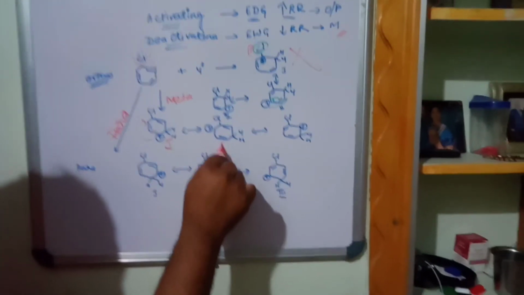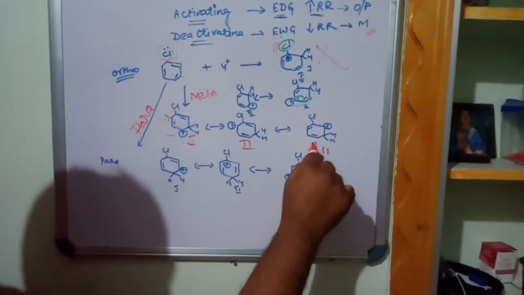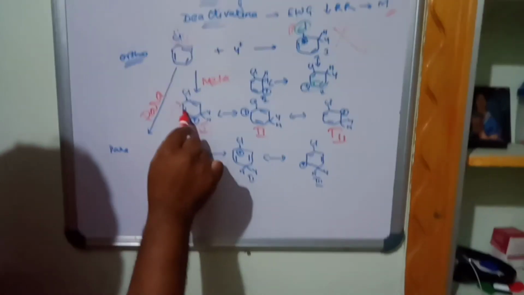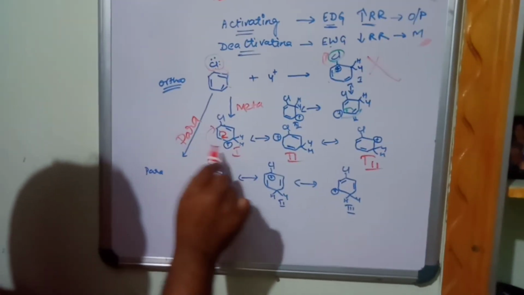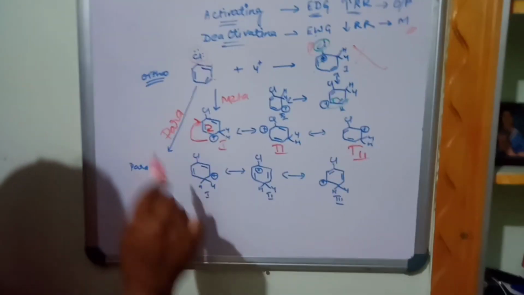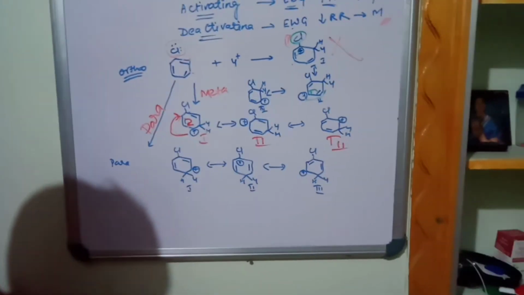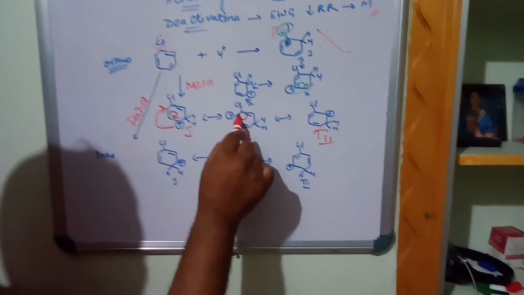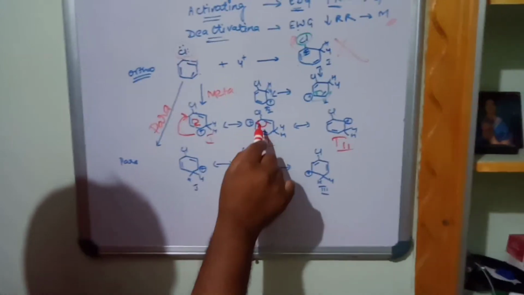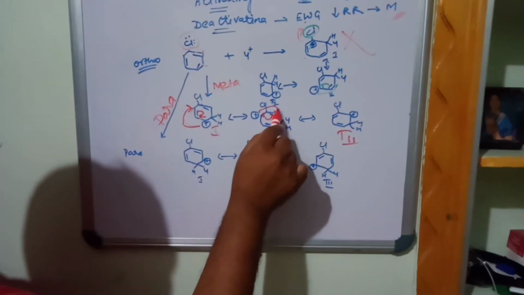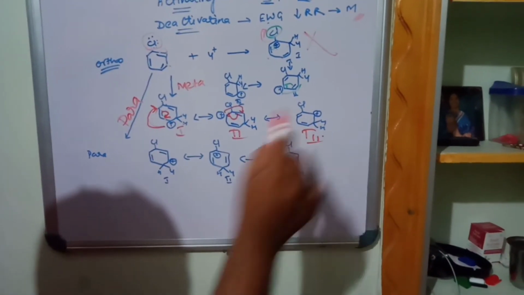This is the first structure, this is the second structure, this is the third structure. So this moves towards the positive charge, and the positive charge moves towards the pi bond. As a result, you get the second structure. Same way, the pi electrons move towards the charge, and the charge will move where the pi bond has been left. You get the third structure.